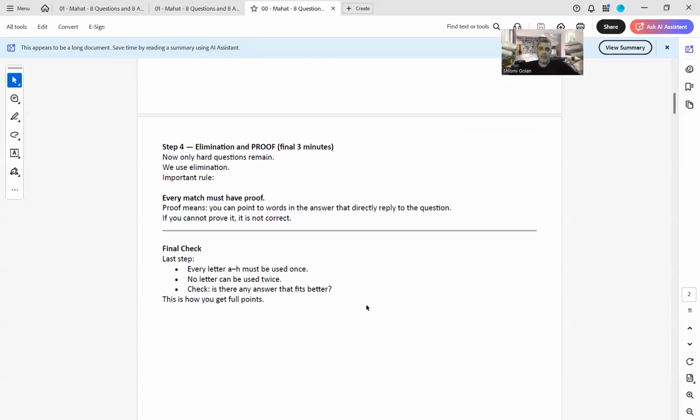And then, obviously, we get to a point where if we have some difficult questions and we don't really know what to do, well, we start using elimination, which is one of the greatest tools that not many students use. Whether we have multiple choice questions or other type of questions, we do elimination, meaning that these specific answers are completely wrong and they can't be the right answer.